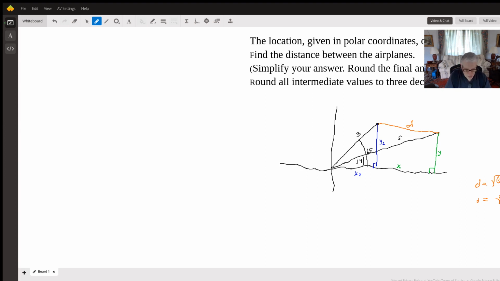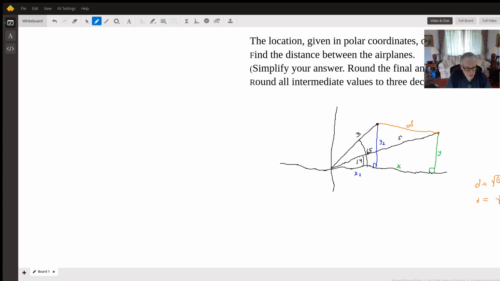And then the other one is 1.268 minus 4.851. Square that. We get 12.838.